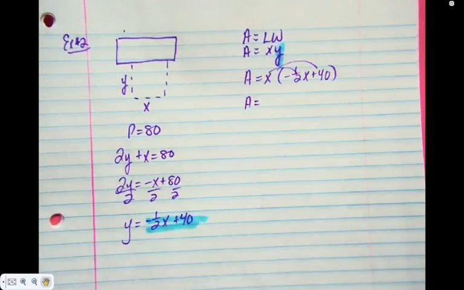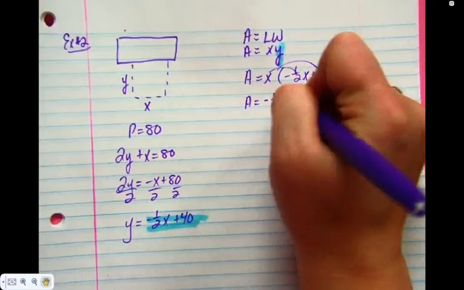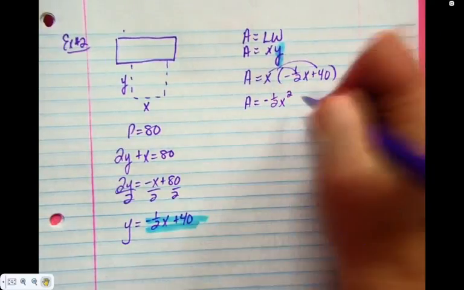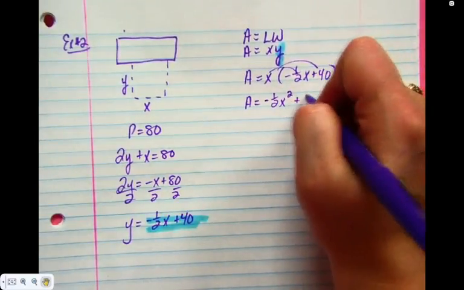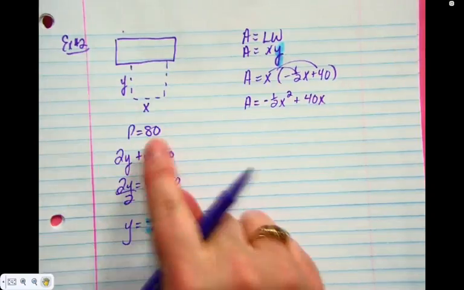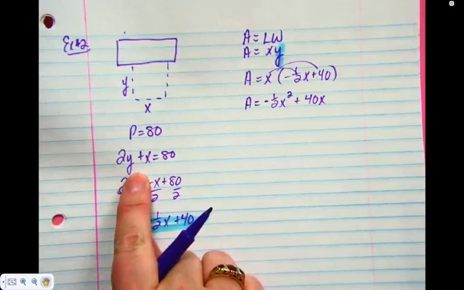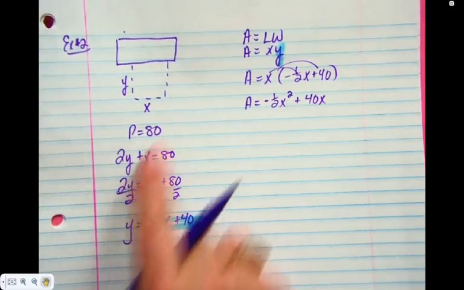X times negative a half x, and x times 40. Questions so far? The only thing that has changed is I have 80 instead of 40, and I have 3 sides as opposed to 4 sides. That's the only thing that's different in this question than the last.